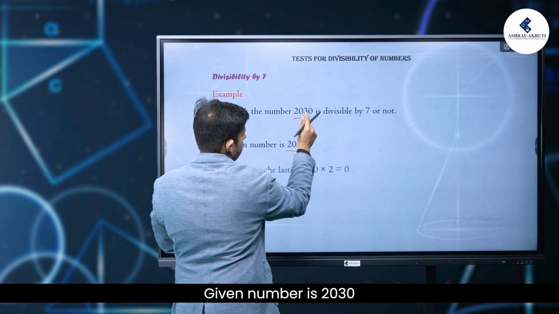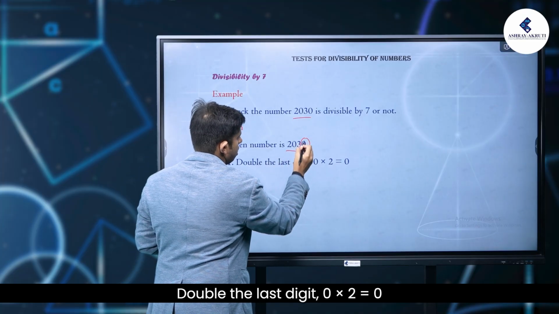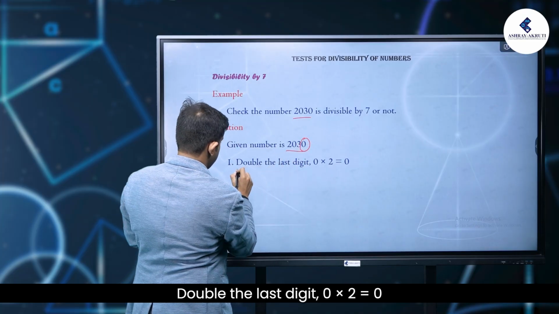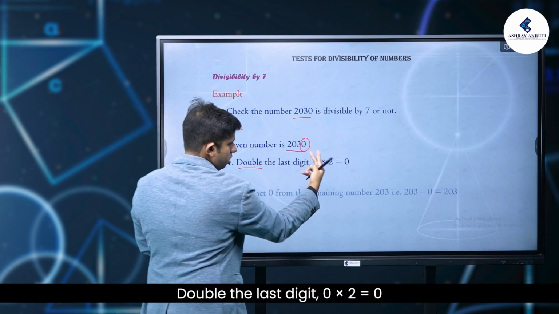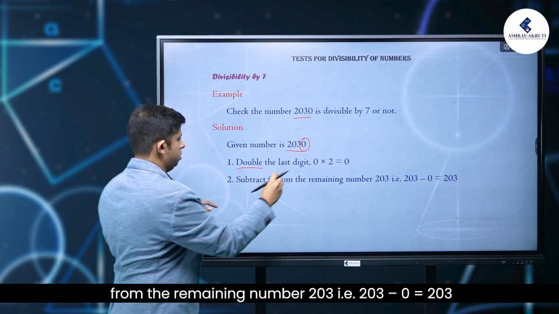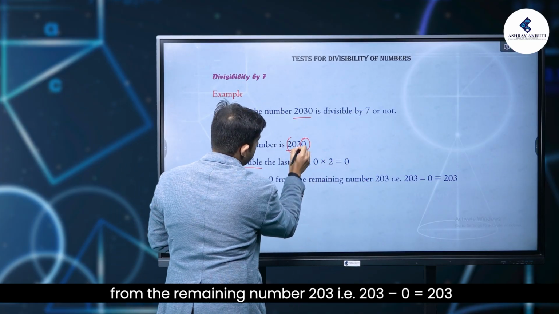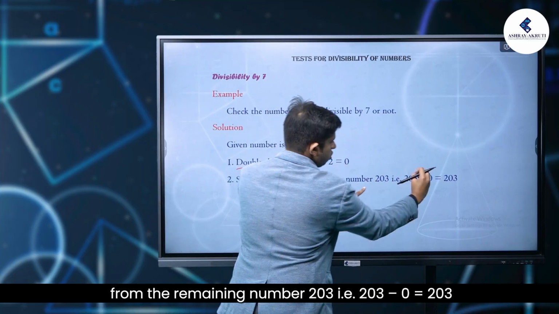Given number is 2030. Double the last digit. 0 into 2 is equal to 0. Subtract 0 from the remaining number 203, that is 203 minus 0, which is equal to 203.